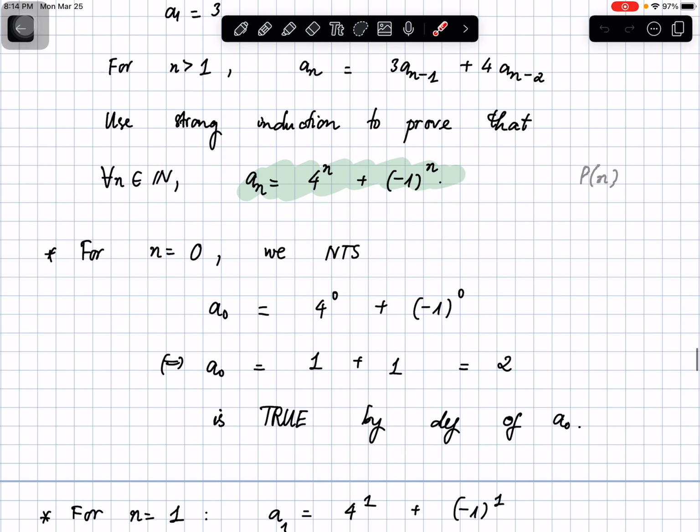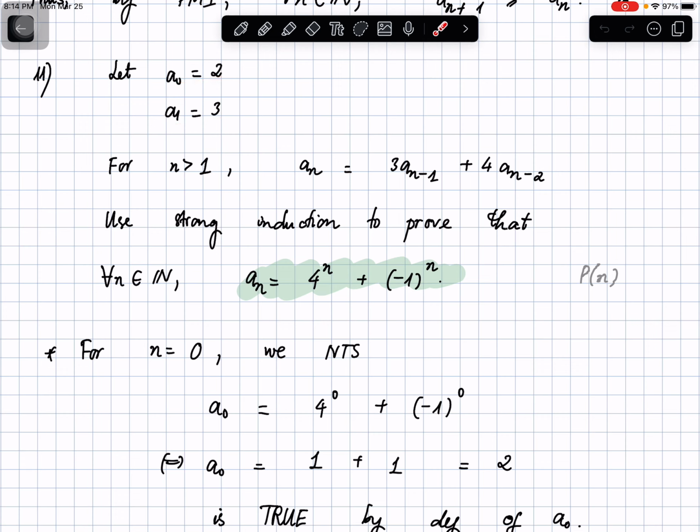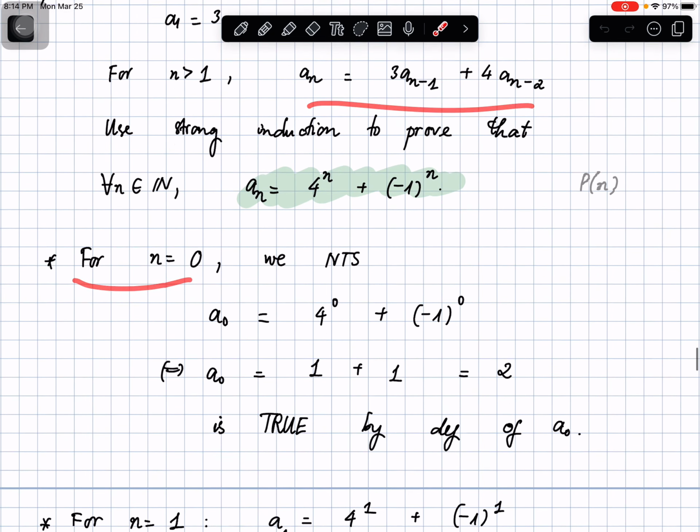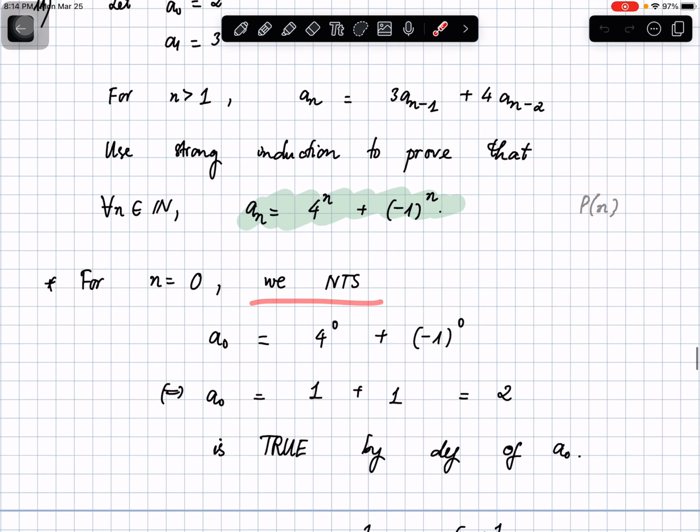So let's consider the first case and second case separately first, because a sub n is defined by another formula for all n greater than 1. So for n greater than or equal to 2, we can use this formula. For n equal to 0, we need to show that P of 0 is true.